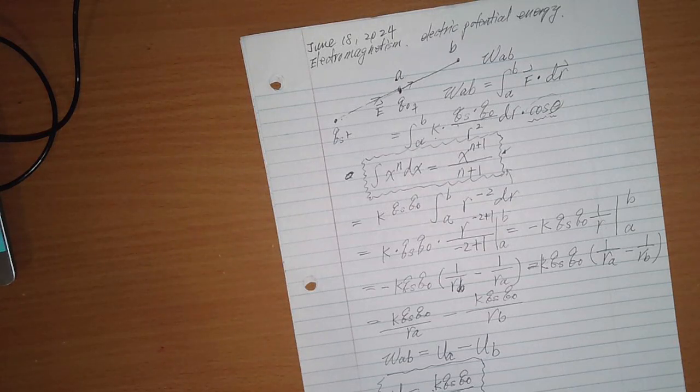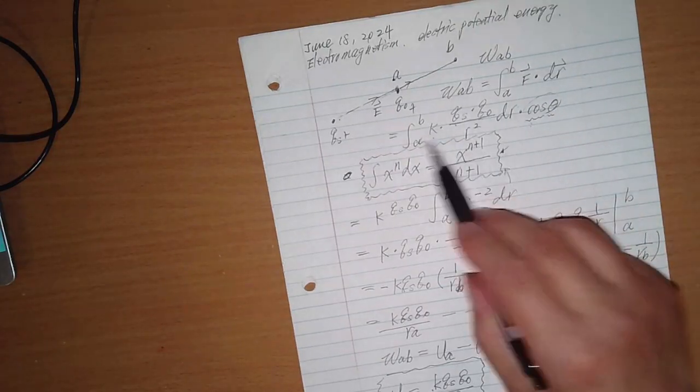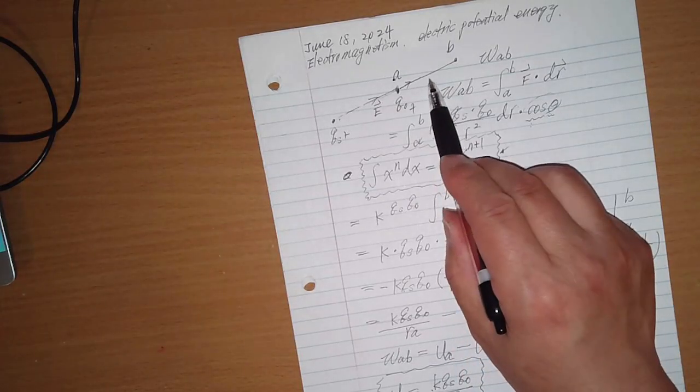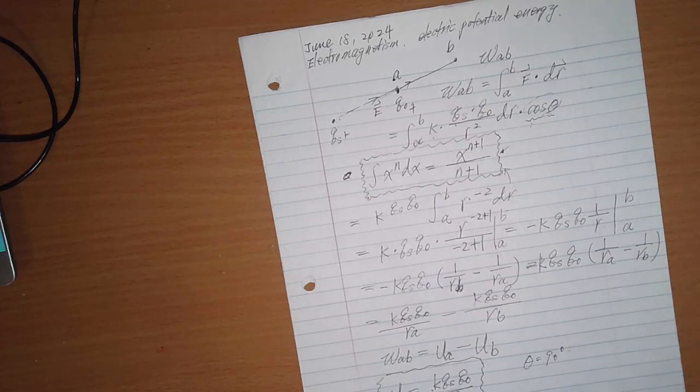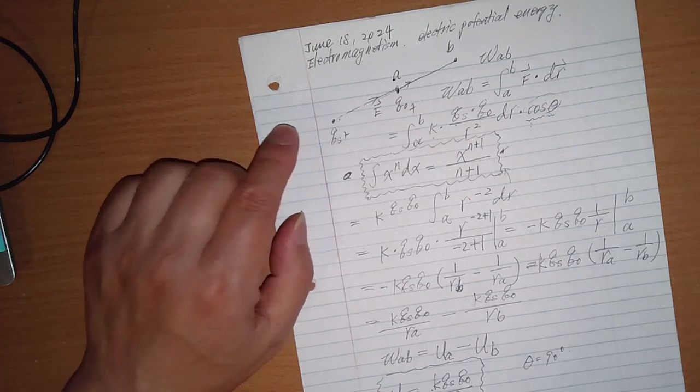One is perpendicular to the E, and another one is exactly in the same direction as the E. So for the one perpendicular to E, the angle theta will be 90 degrees, right? When you apply this, cosine 90 degrees will be 0, then the whole thing is gone. So what you're left with is the component that's in the same direction as E, which is indeed this case. So what I'm trying to say right here is, even though we derived this from the special case, it applies to the general case as well.